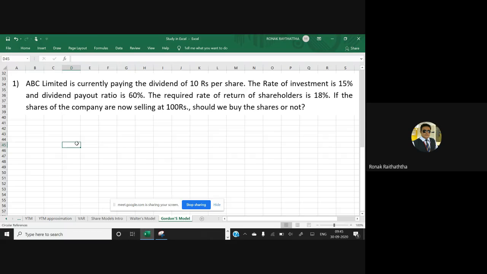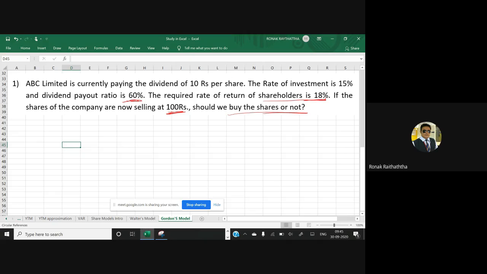ABC Limited is currently paying the dividend of 10 per share. Okay, we got it. The rate of investment is 15% and the dividend payout ratio is 60%. The required rate of return of shareholders is 18%. If the shares of the company are now selling at 100 rupees, should we buy the shares or not?